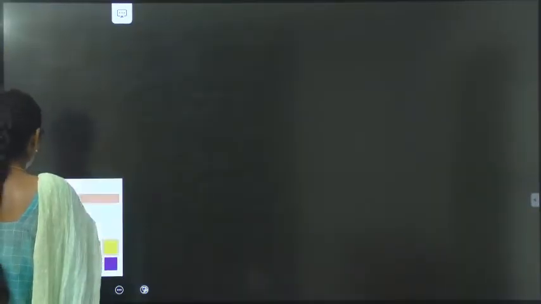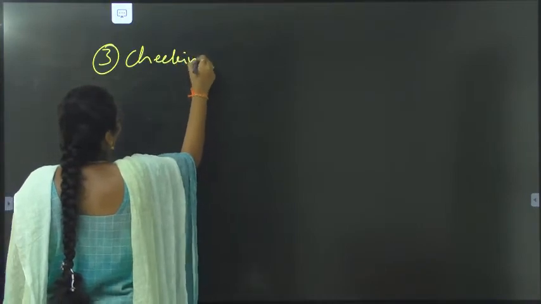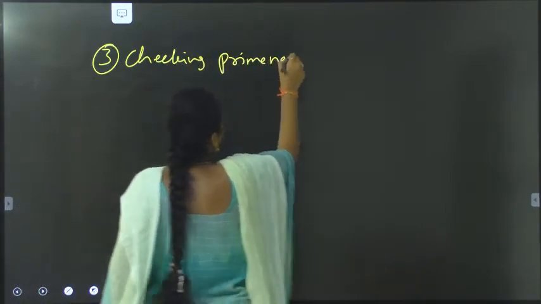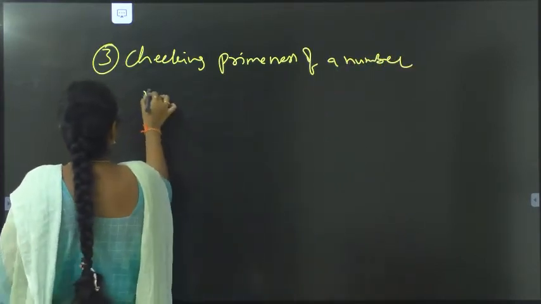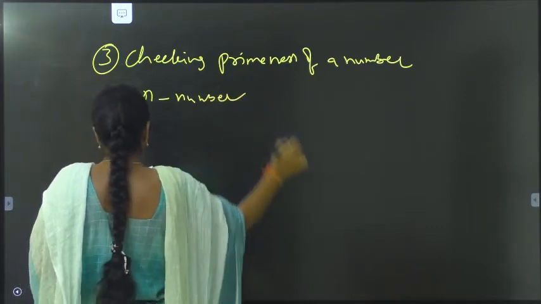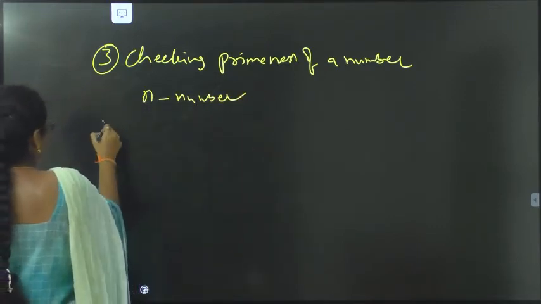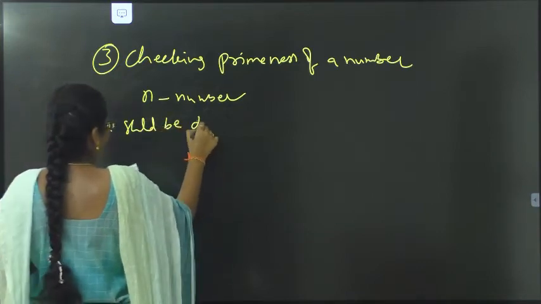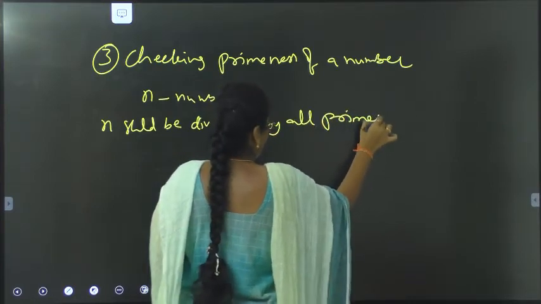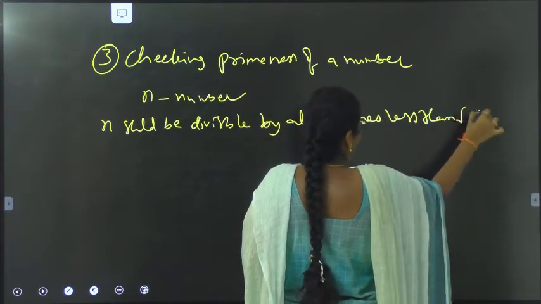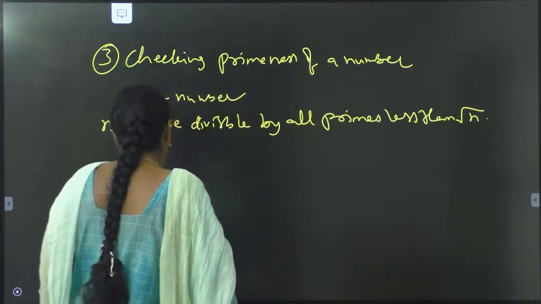For this, if n is the number, n should be divisible by all primes less than root n. So this is the rule for checking primeness of a number.